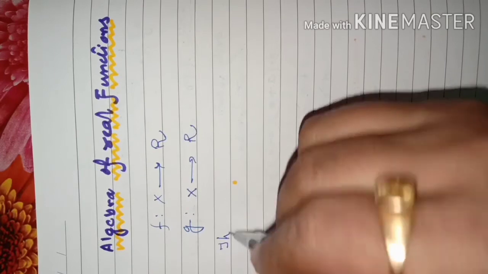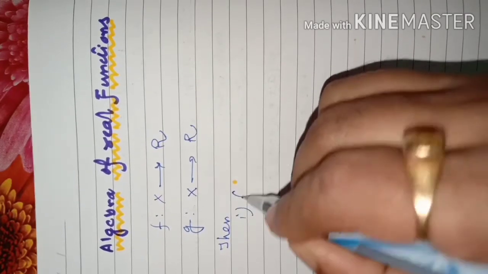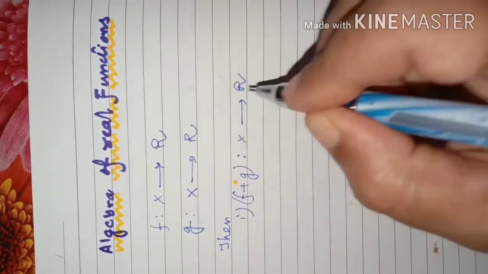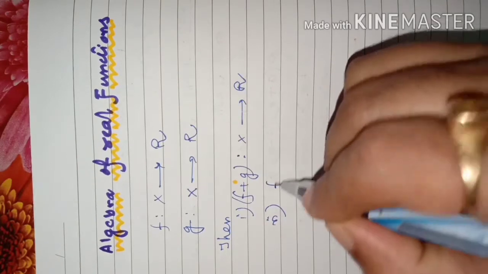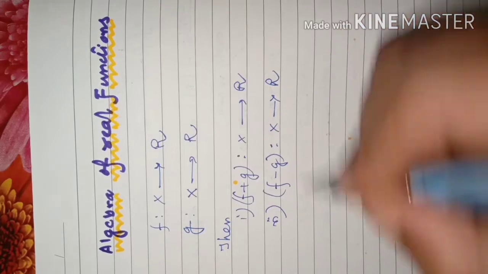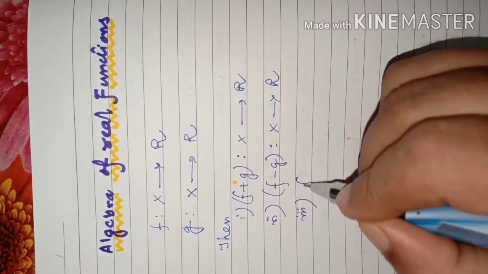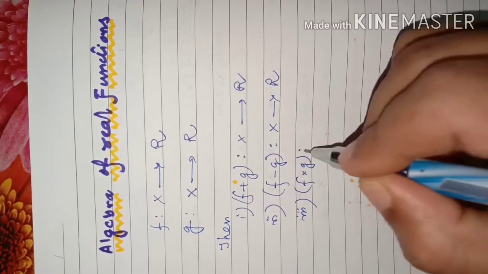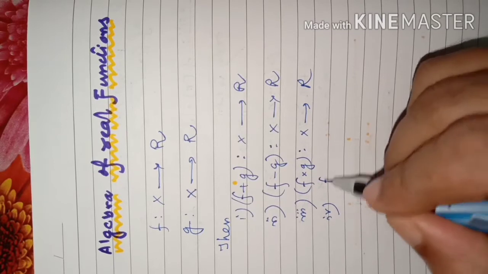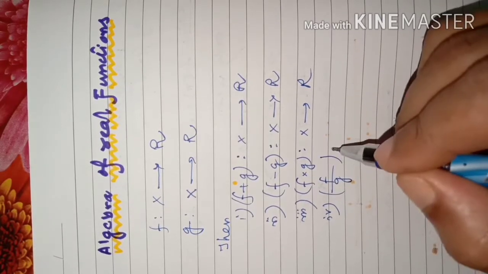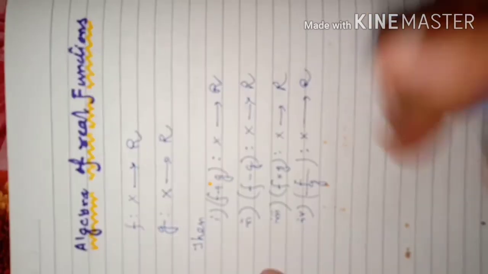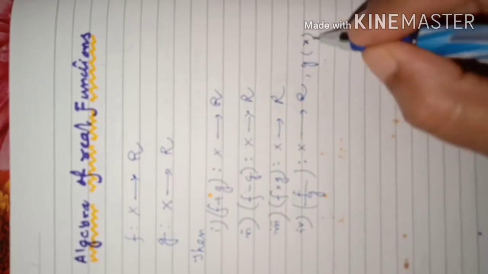Then f plus z is a function from X to R. So f minus z also is a function from X to R. Then f into z is also a function from X to R. And then f by z is also a function from X to R. These are four functions, provided z of x is not equal to 0.